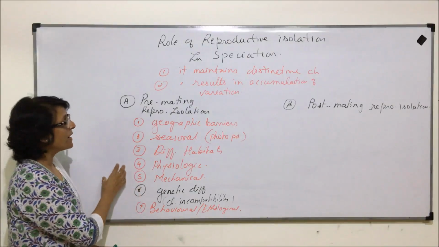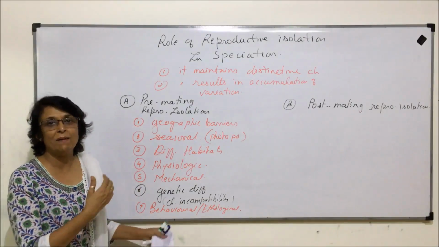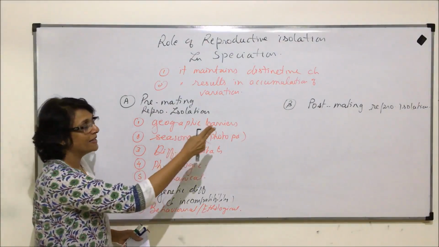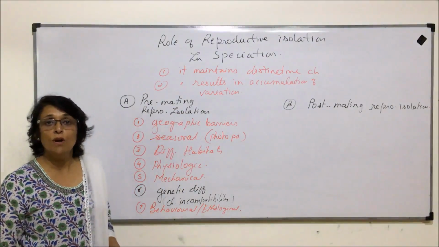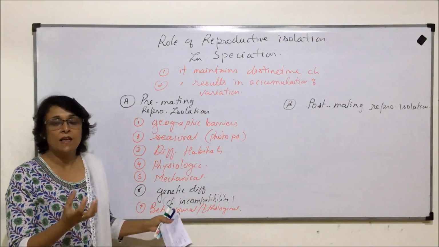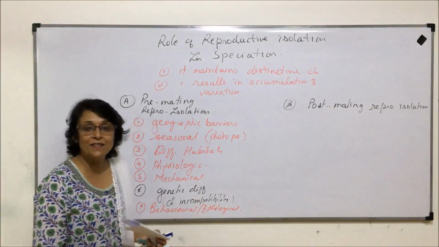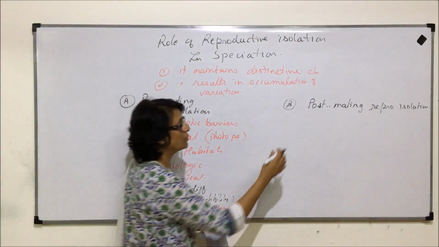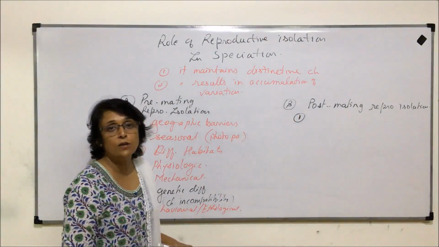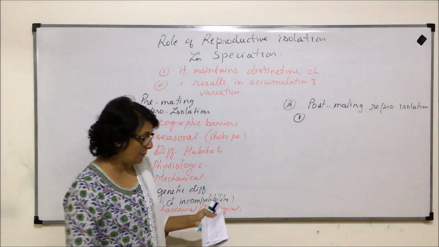Sometimes these pre-mating reproductive isolations are broken and they mate. So the next stage of barrier or isolation comes into action, that is post-mating. That means mating has taken place and the gametes have fused. Then after that, what would result in stopping that one mistake which has taken place?